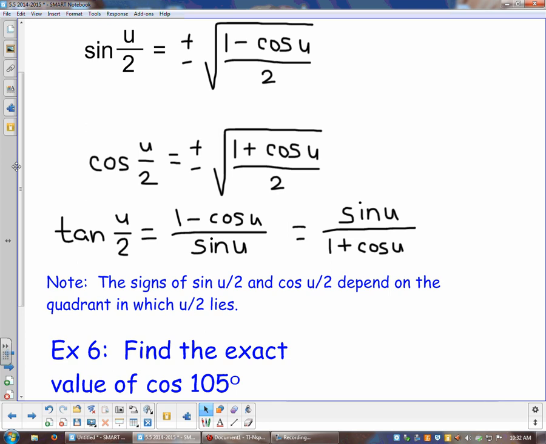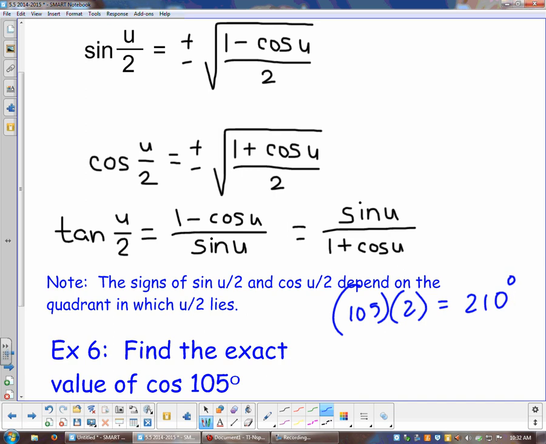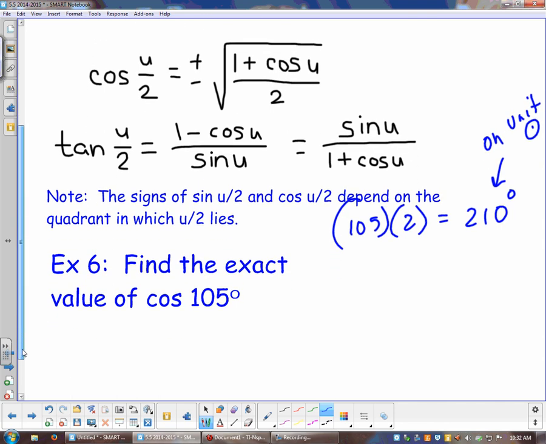That means that I really could find the cosine of 105 by thinking of it as the cosine of 210 over 2. You see where I'm going with this? That means I'm going to say that 210 is my u, right? If I'm trying to find cosine of 105, I'm really going to think of it as cosine of 210 over 2, where u is equal to 210.